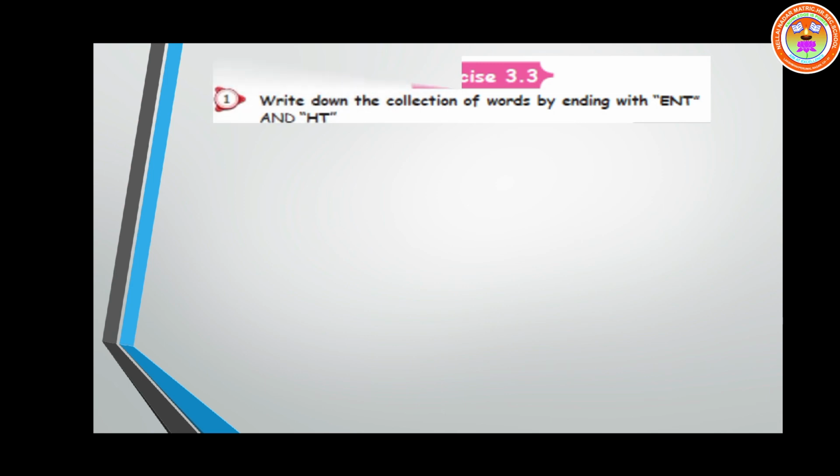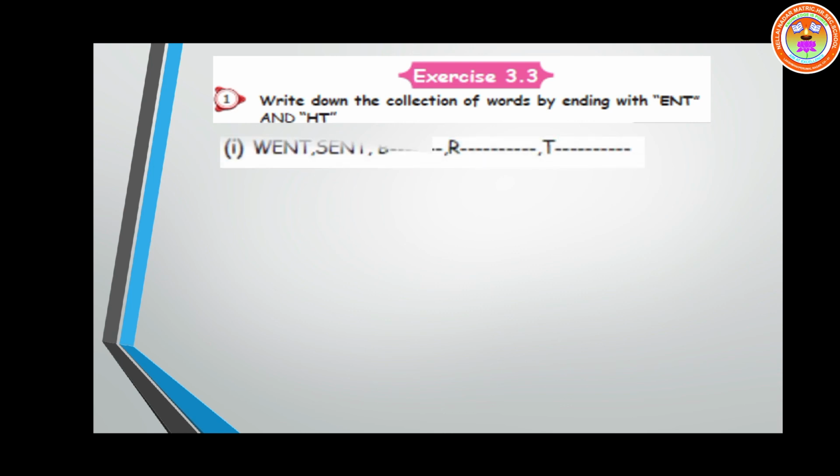Exercise 3.3. Write down the collection of words ending with ENT and HT. We'll do the first one. An example is given: went. The first word is went. The second word is sent. The remaining words I have to fill in with ENT.